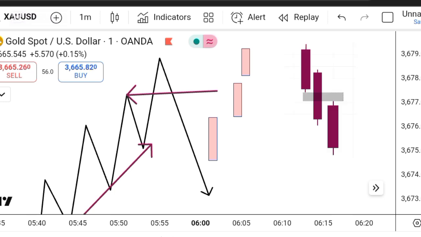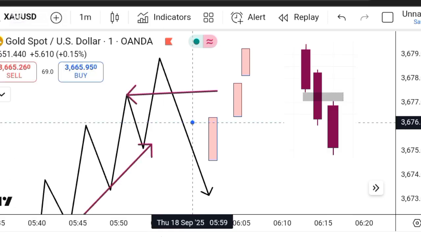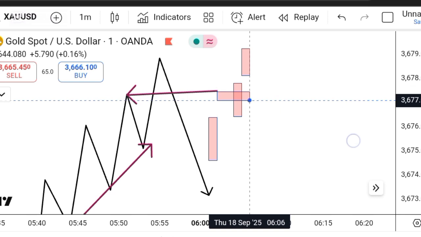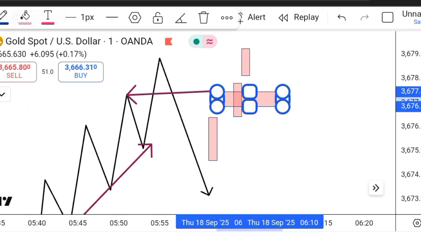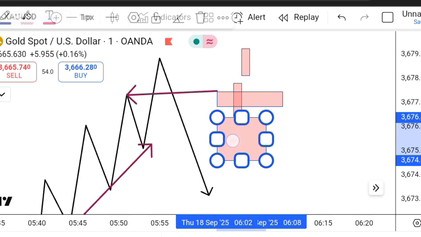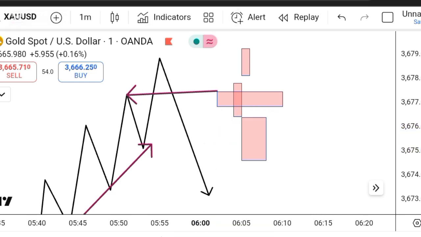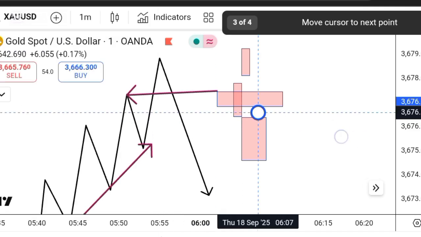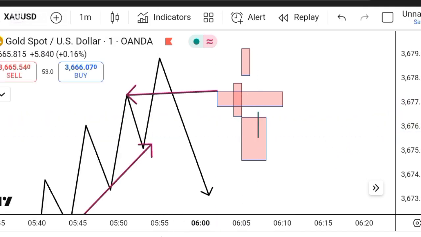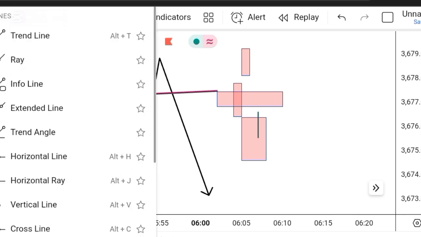Then there must be a gap in between them. This very candle may have a wick, something like this. I'm not too good at drawing, but when we go to the main chart, you will understand better.